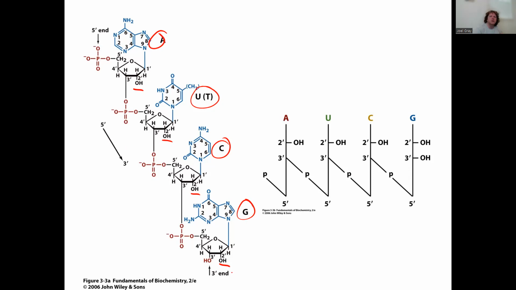Then, based on that, you can say, all right, well, what's my sequence? What's my sequence of base pairs starting from the 5' direction to the 3' direction? Well, it would be A, and then here you've got U or T. It's either uracil or thymine. Well, thymine is in DNA, uracil is only in RNA.